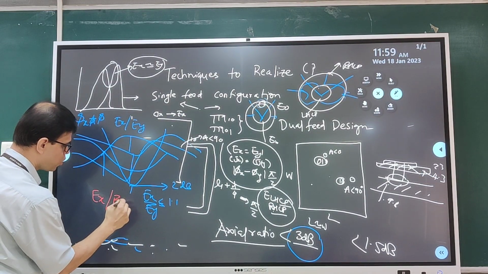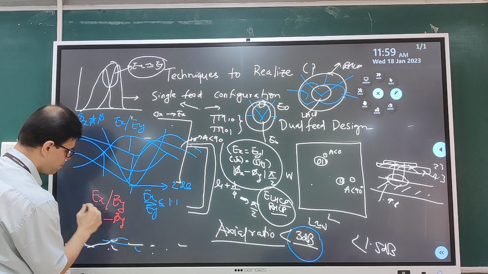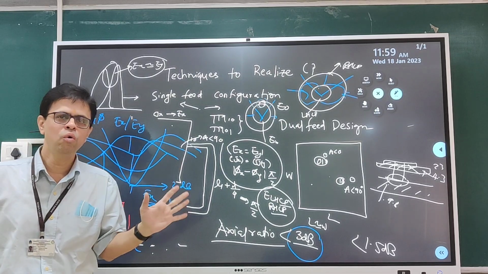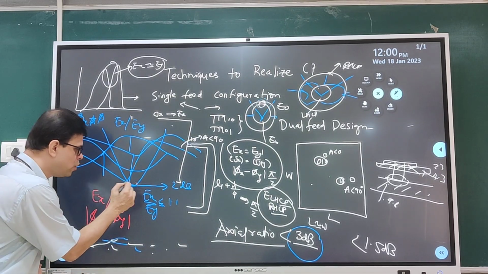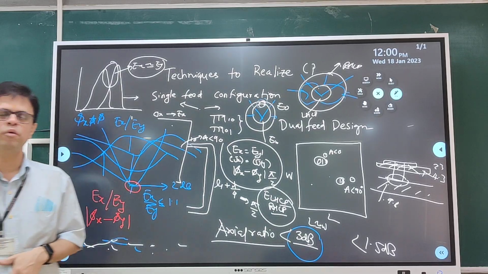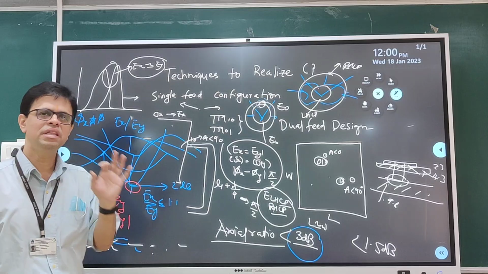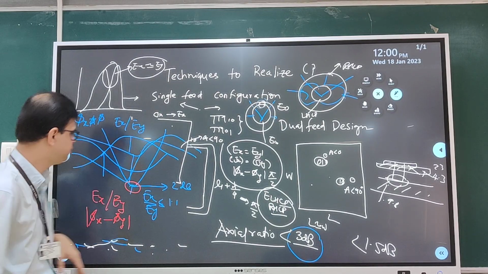These two plots should give you how and where a CP response is obtained with respect to the minimum AR point. Now after this we will start with the slot cut designs to realize circular polarized radiation.